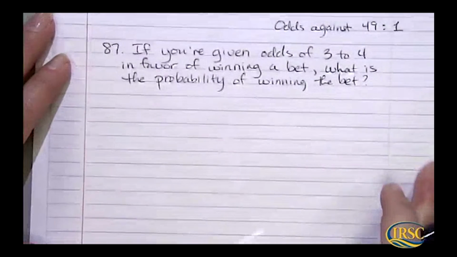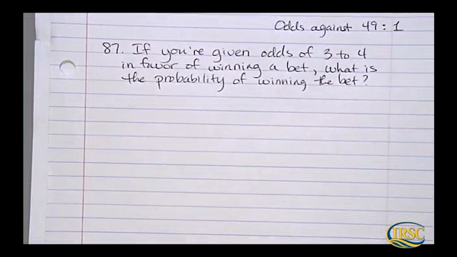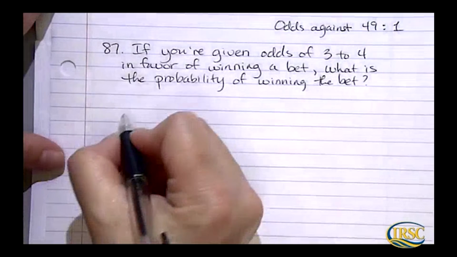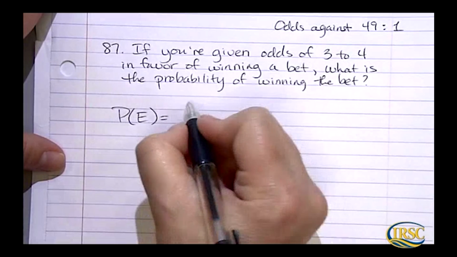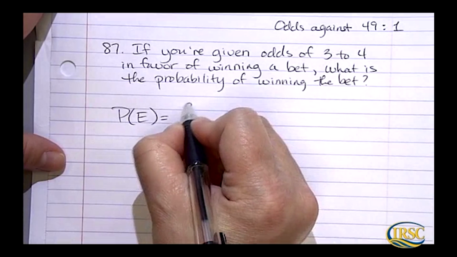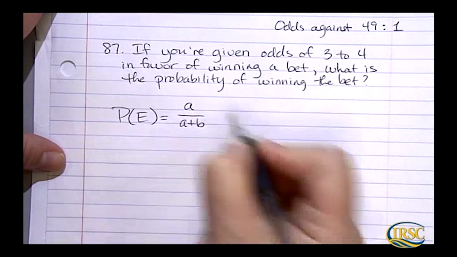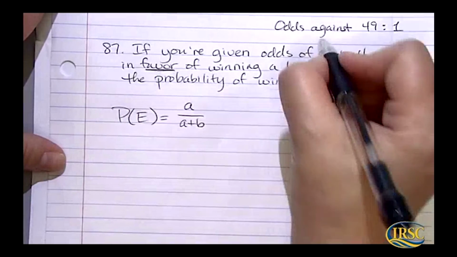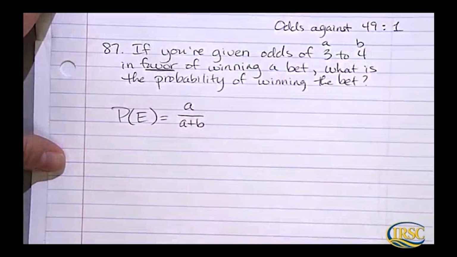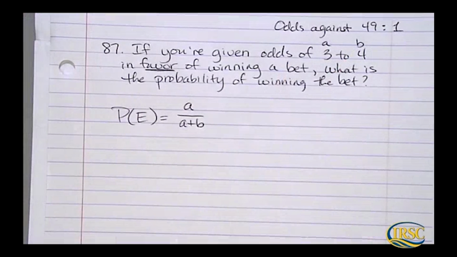Okay, so this time you are given the odds, and you want to go backwards now and go back to the probability. So this is where that formula comes into play. The probability of the event equals A over A plus B, where if you have odds in favor, which we do, then this is your A and that's your B. A to B odds.